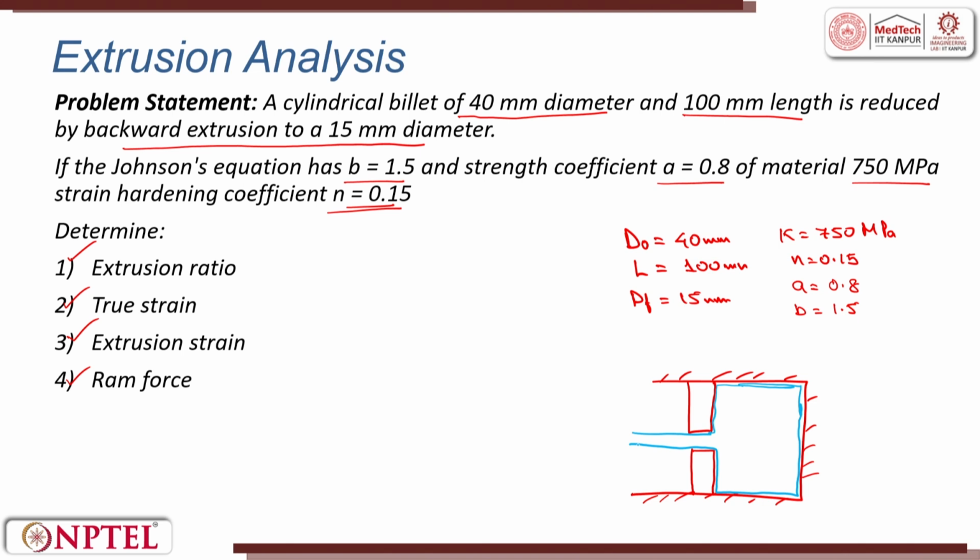The diameter is given as 40 mm, DF is equal to 15 mm, and the length is given as 100 mm, L is equal to 100 mm.